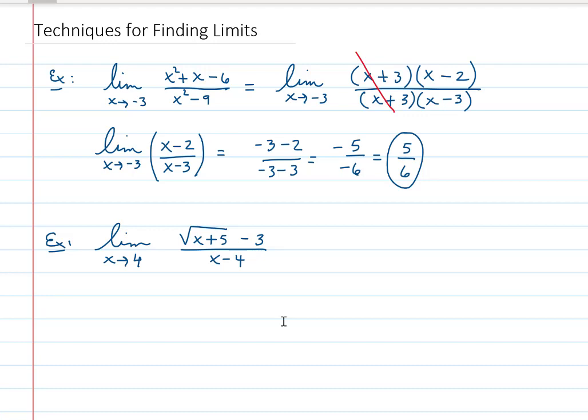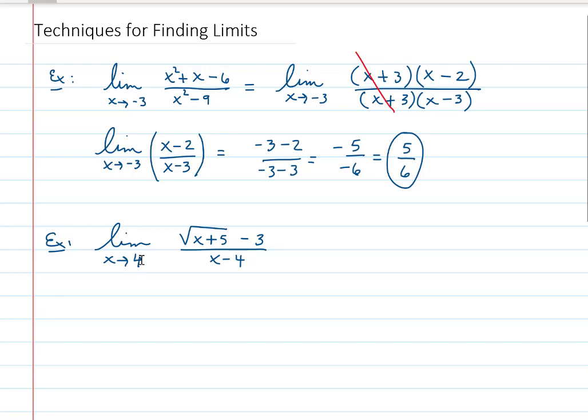Well, here we don't have a radical on the bottom, we have it on the top. But the process of rationalization is going to help us rewrite this function in a different way, so that we're able to direct substitute this limit point.